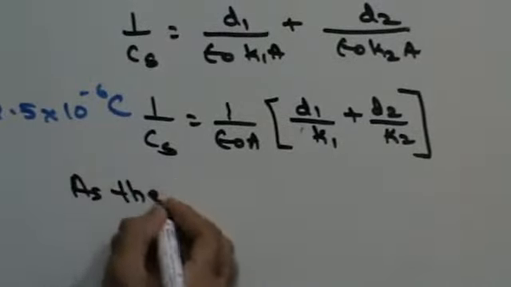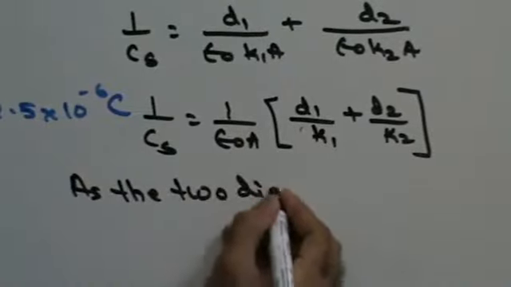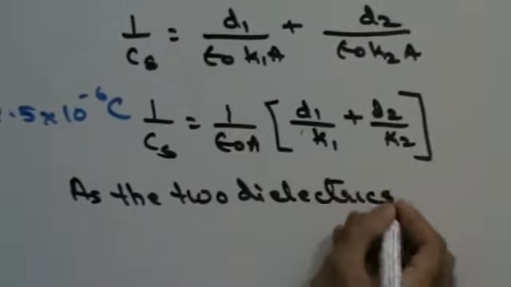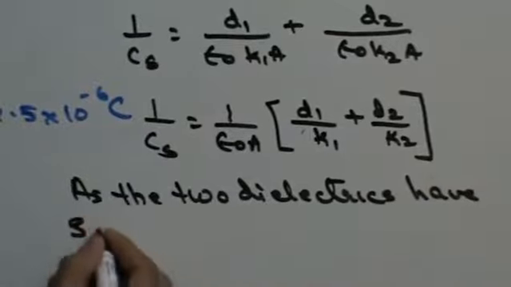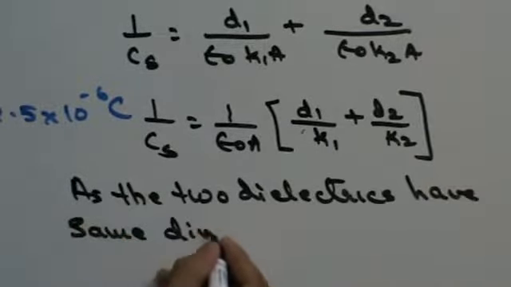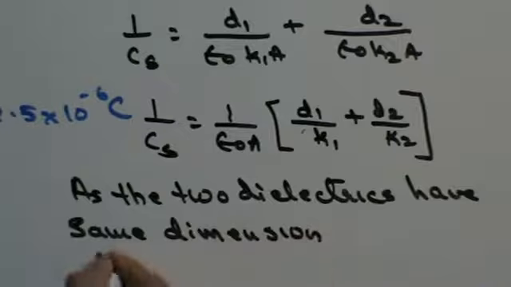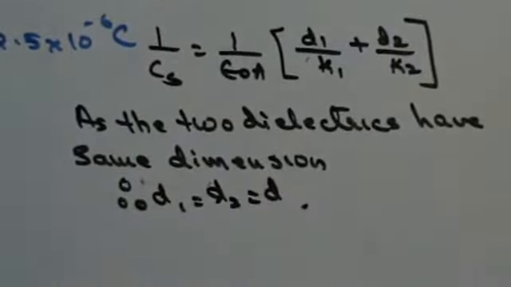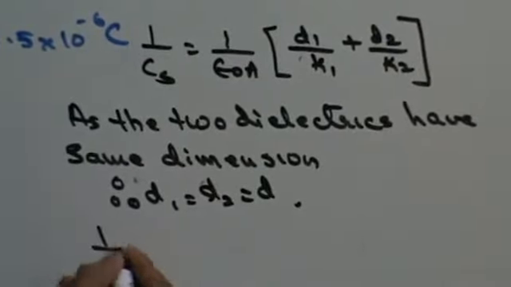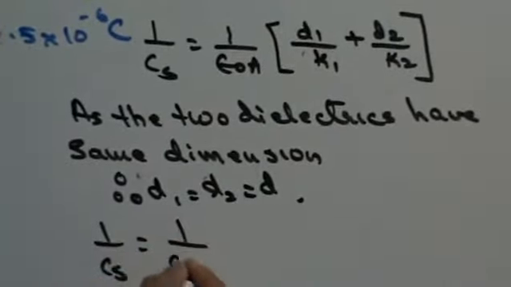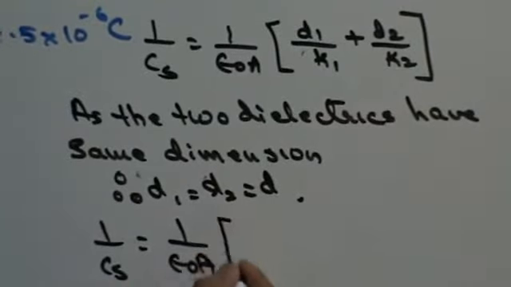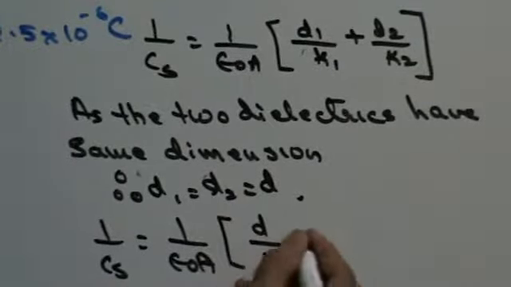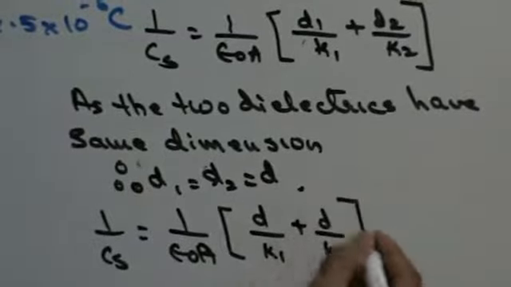But they have said that the two dielectrics have same dimensions. As the two dielectrics have same dimensions, therefore D1 should be equal to D2 should be equal to D. So if I substitute, I'll get 1 upon CS is 1 upon epsilon 0 A into D upon K1 plus D upon K2.